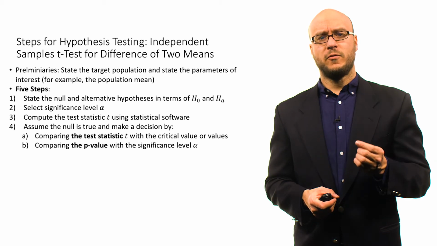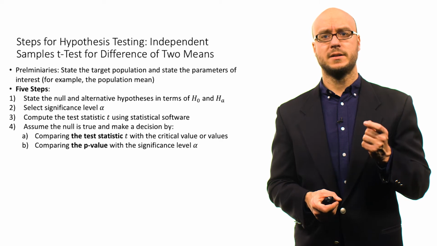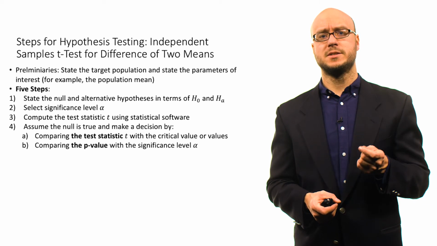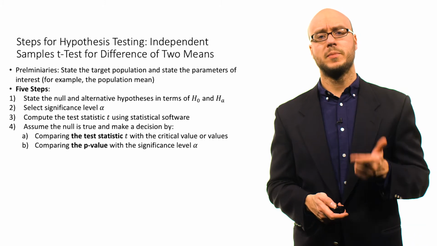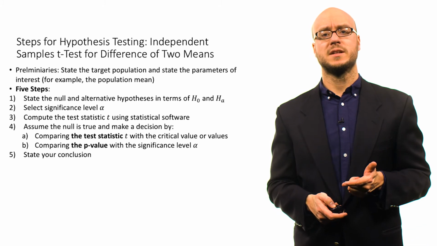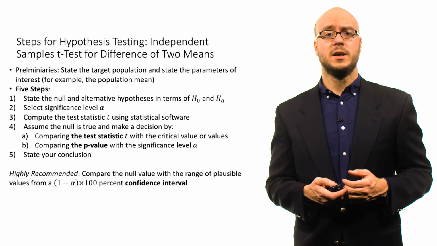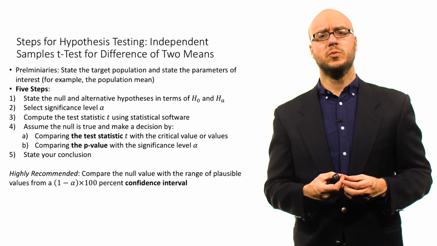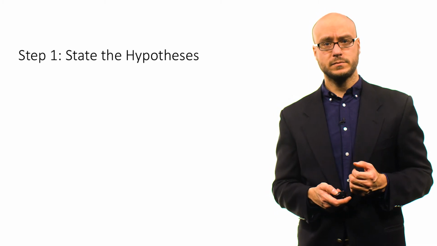And then for step 4, we will assume the null is true. So we're going to assume that the null is true, and then we're going to make a decision by comparing the test statistic with the critical value or values, and then we're going to compare the p-value with the significance level alpha, and then we're going to state a conclusion. And then, of course, I highly recommend that you actually calculate a confidence interval.